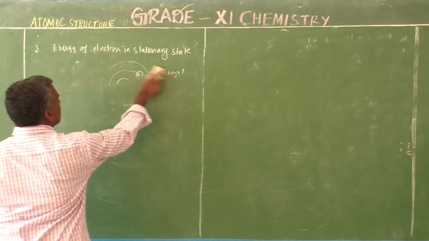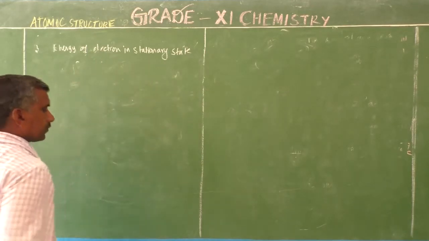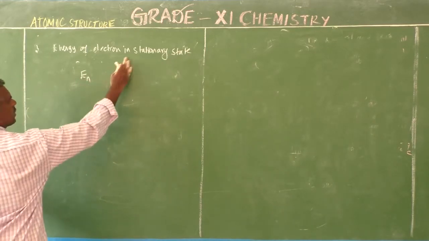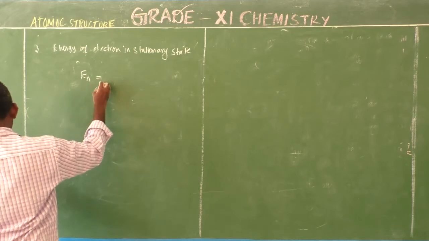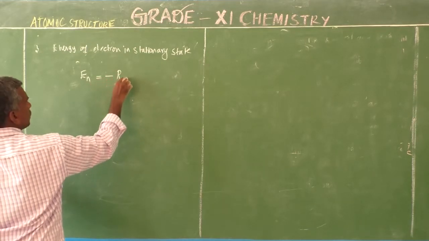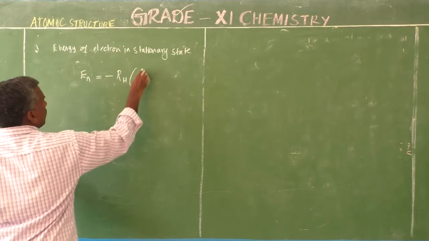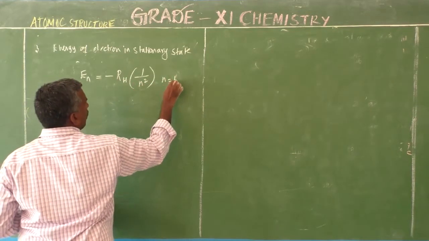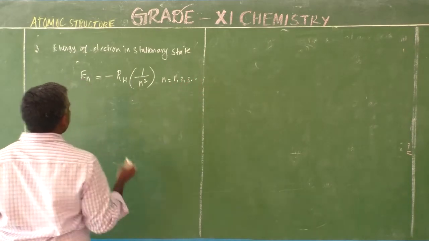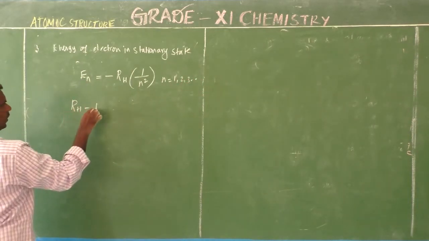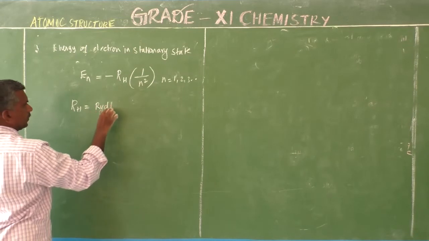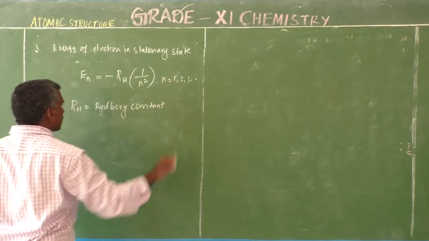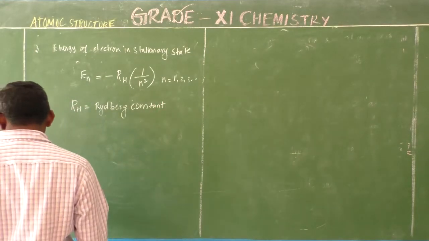Here there are many formulas. Note down: energy En, where n means the cell number, is equal to minus RH times 1 by n squared. Here n is equal to 1, 2, 3, and so on. RH is the Rydberg constant.